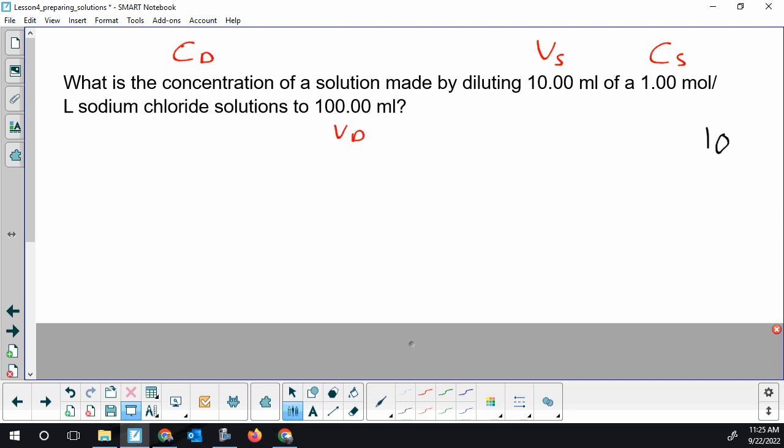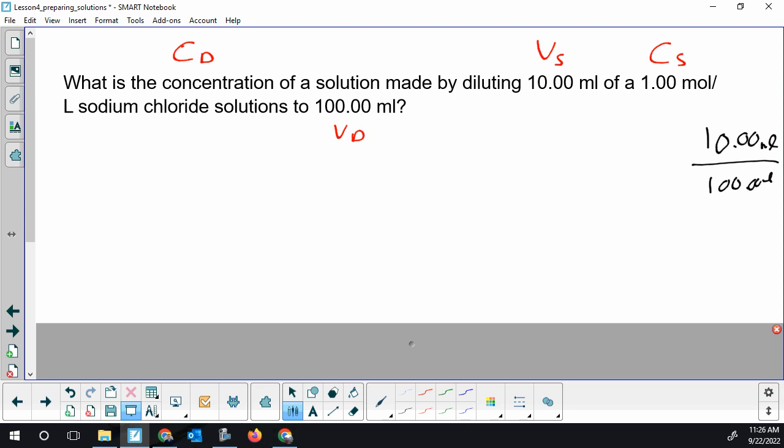We started by taking 10 mils, and we're going to put it in 100. So that's a 10 that I mentioned orally a few times. We put 10 in 100, so we've got 1/10 the volume. So we should expect 1/10 the concentration. So 1 mole per liter times 1/10 would be 0.1. So that should be our concentration. 0.1, 1/10 of the concentration because of 1/10 of the volume.